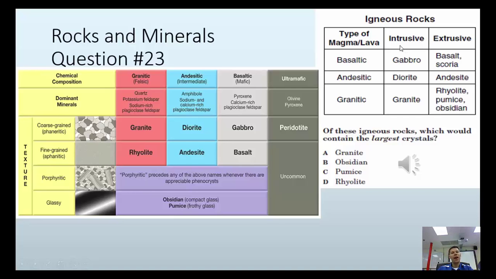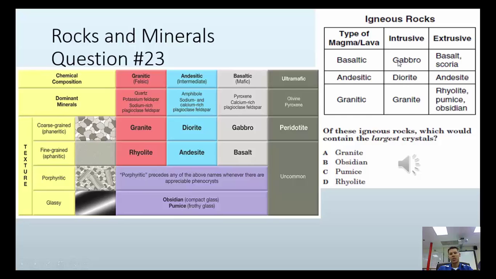That magma under the ground cools very, very slowly over millions of years, and as it cools so slowly, crystals develop. Extrusive igneous rocks over here form from lava that's on the exterior surface of the earth, and it cools very quickly and does not have time for the formation of crystals. So of these igneous rocks, which would contain the largest crystals?